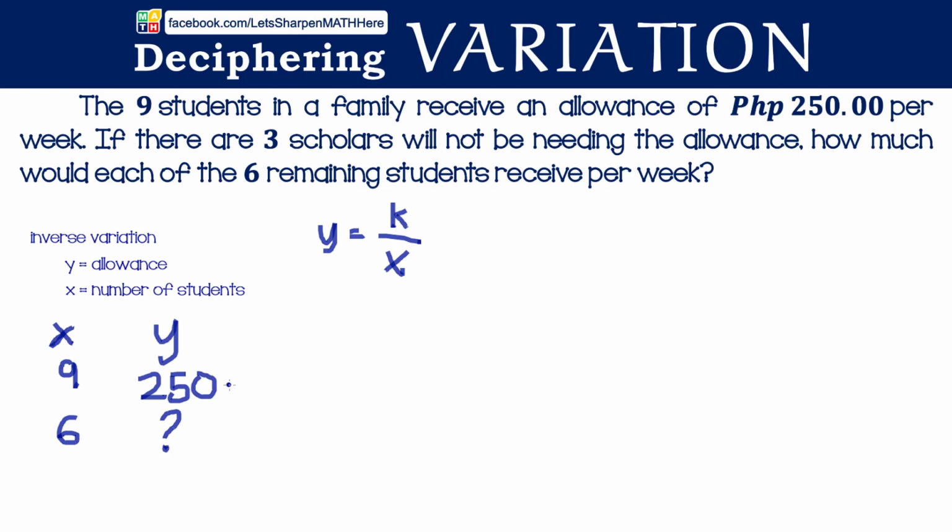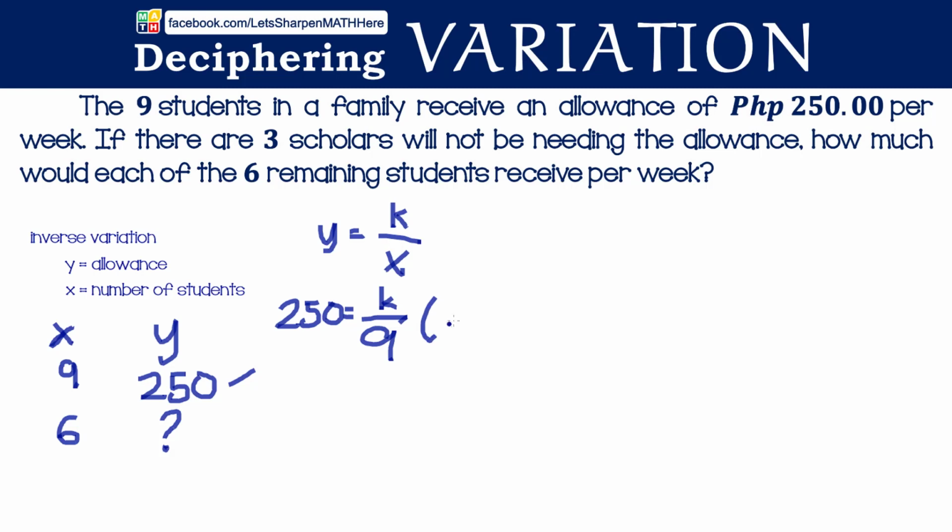So we will be substituting this in our equation, solving for k. Actually, the k here is the original budget from the parents, and then we will know later on how much each of the 6 students will receive. So we will have here y is 250 pesos, or 250 just for the computational purposes, is equal to k over 9.